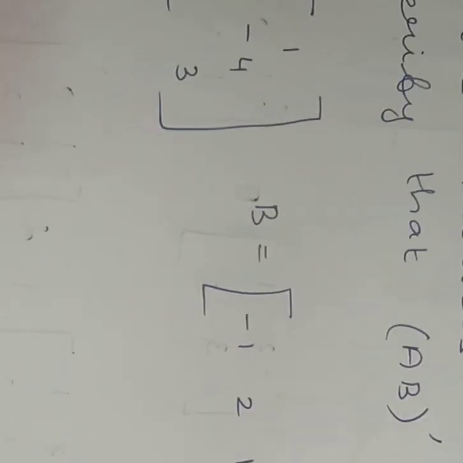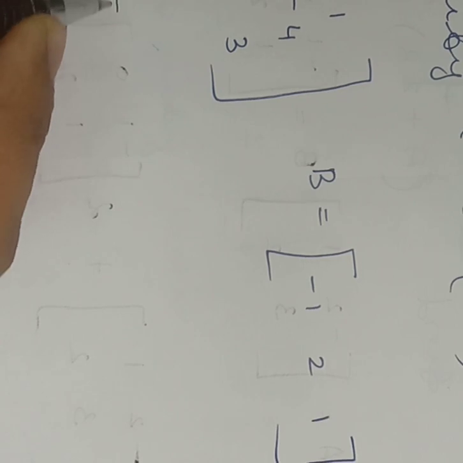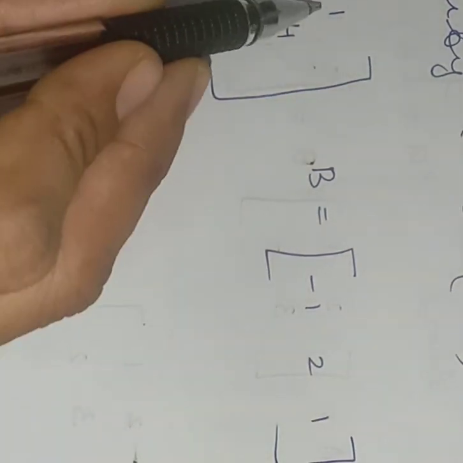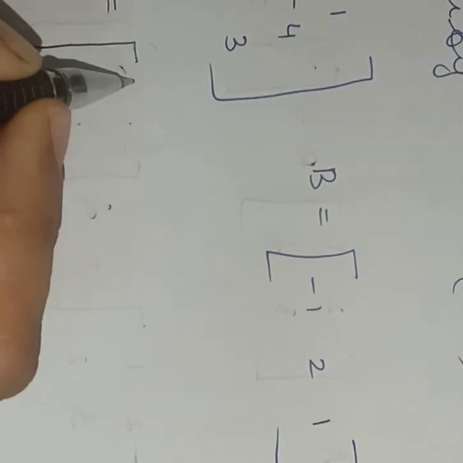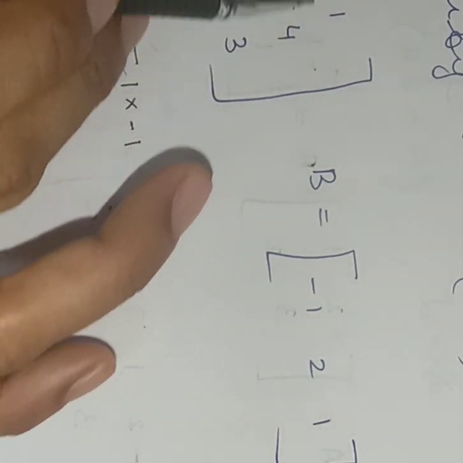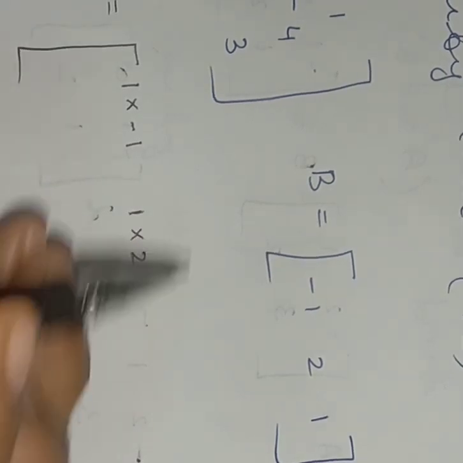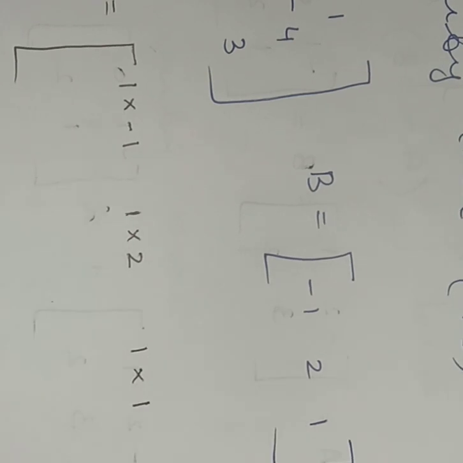First we are going to find AB. So AB is nothing but first row, first column, so 1 into minus 1. First row, second column, 1 into 2. First row, third column, 1 into 1.